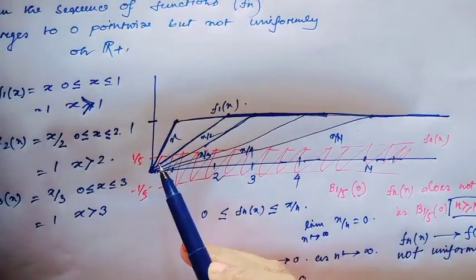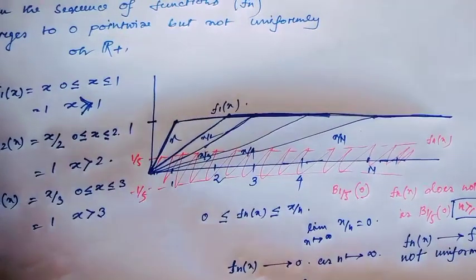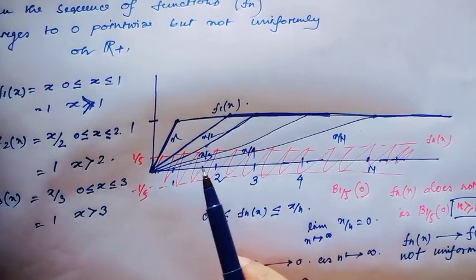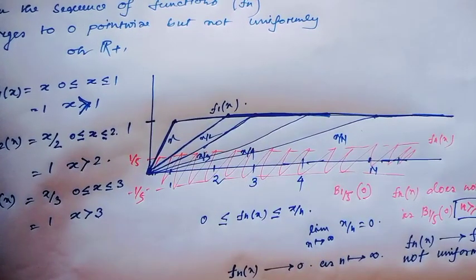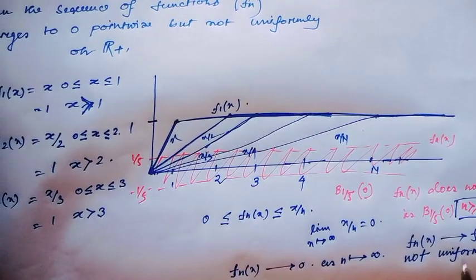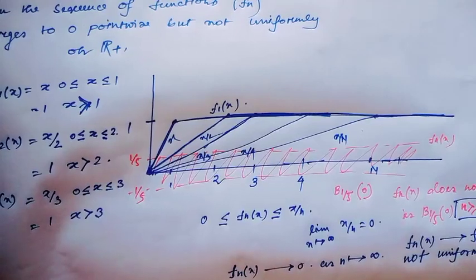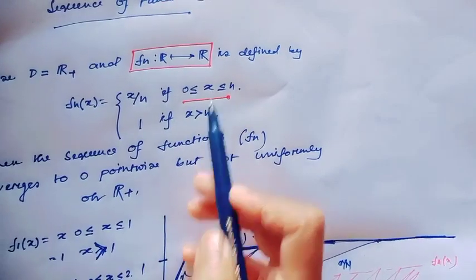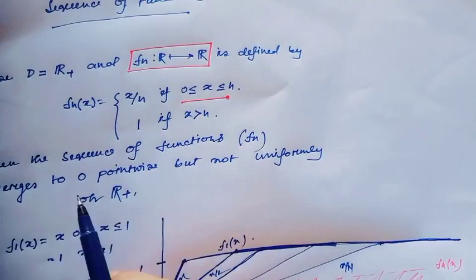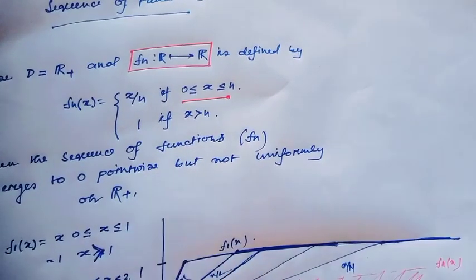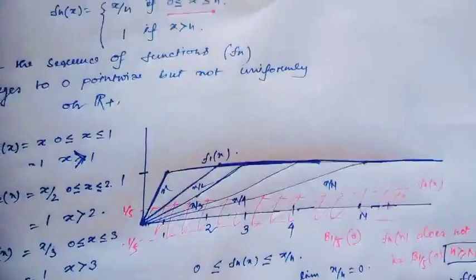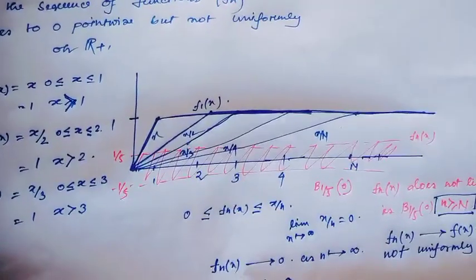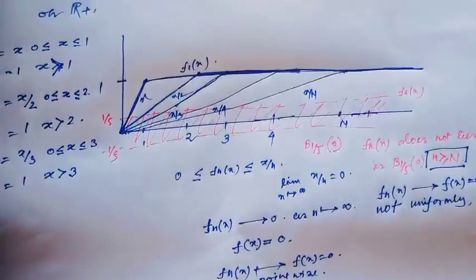But here I have one particular epsilon, and for this bad epsilon, we can say this sequence of functions does not converge uniformly, but converges pointwise to the zero function. Have you understood? I hope all my viewers have understood this concept clearly.